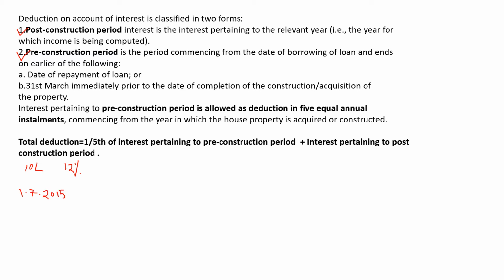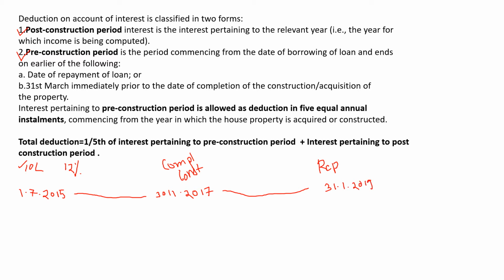The construction of the house for which this loan has been taken has been completed on 30th of November 2017. Construction completed on 30th of November, and the repayment date is 31st of January 2019. The loan has been repaid.